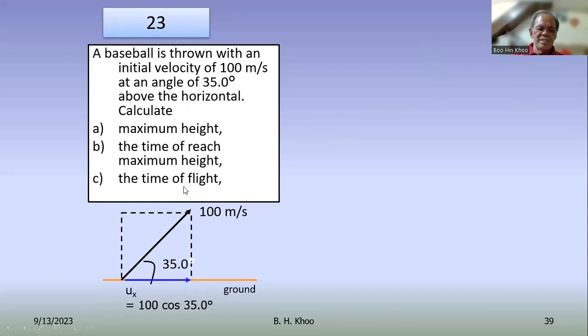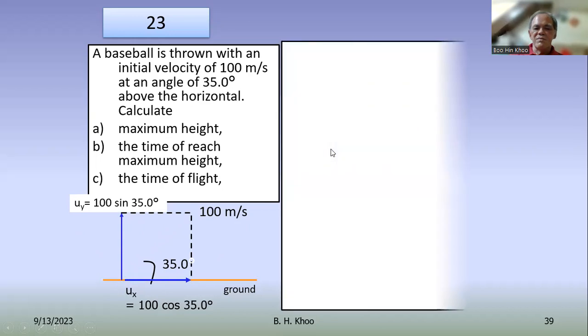First thing, resolve it into its components. Initial speed in the x direction is u cos 35. Then you've got your uy, which is 100 sin 35. These are the two that we are using. Maximum height, we consider vertical motion.